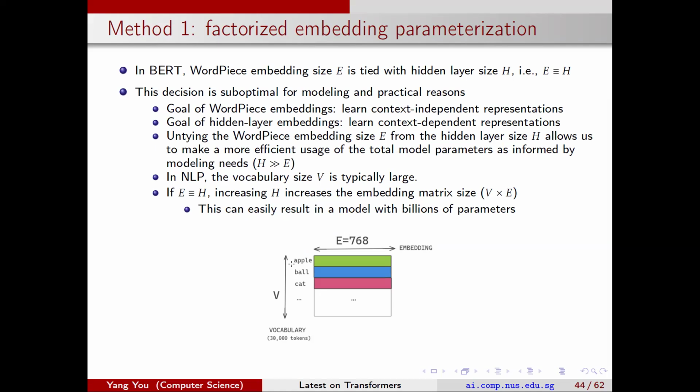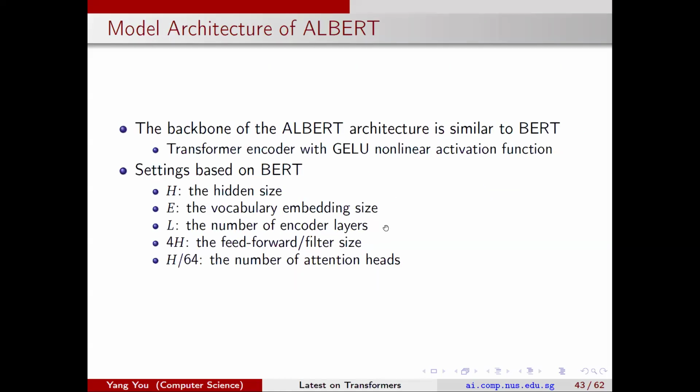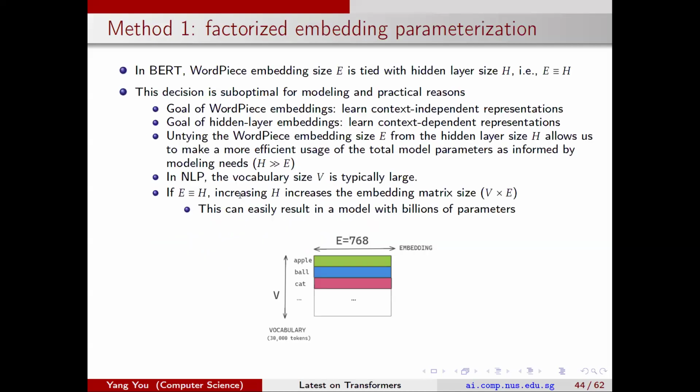So we know in BERT we have E and H, where E is the vocabulary embedding size and H is the hidden size, and E is equal to H. But we know E actually has nothing to do with H. So what's E? E is the word piece embedding size.